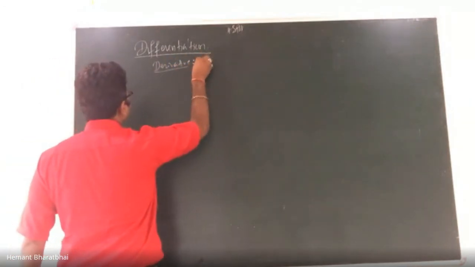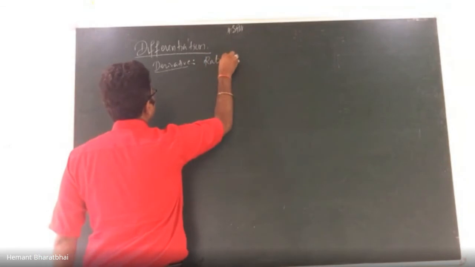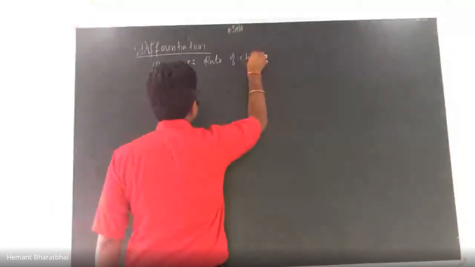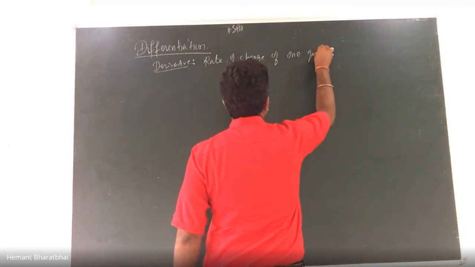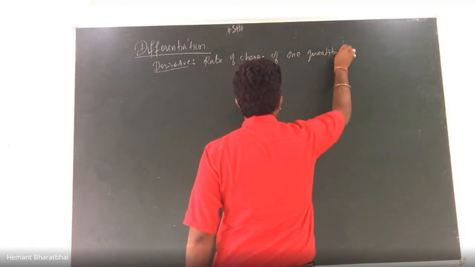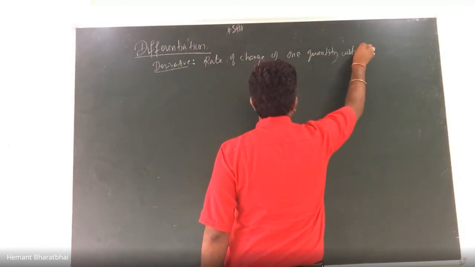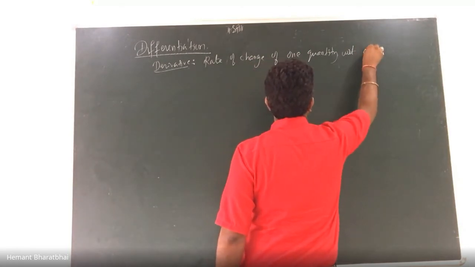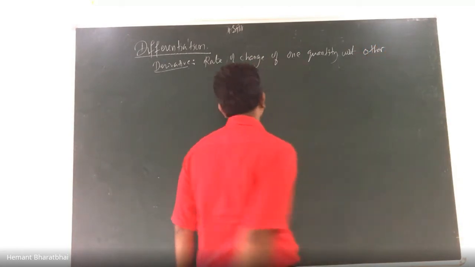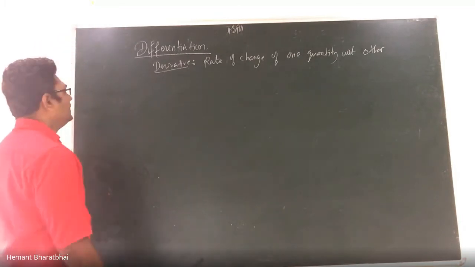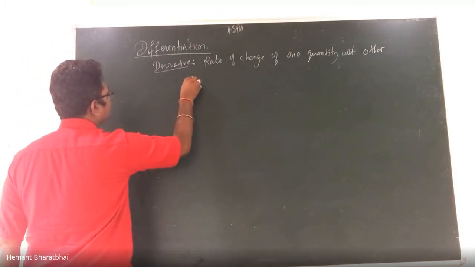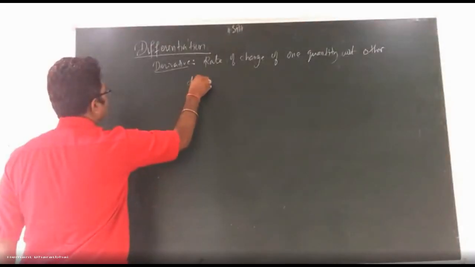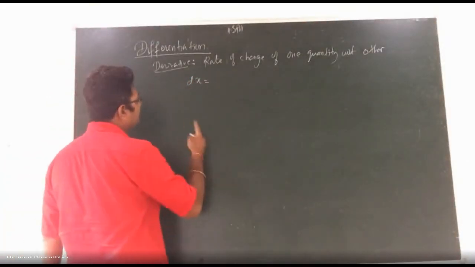It is nothing but the rate of change of one quantity with respect to another. And therefore we can show it as d.